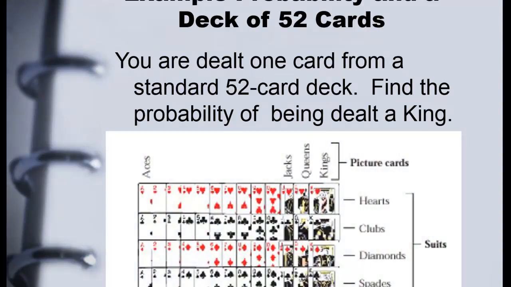Let's do another example. You are dealt one card from a standard 52 card deck. Find the probability of being dealt a king. So here's an example of a 52 card deck. And how many kings will we have here? We have a king of hearts, a king of clubs, a king of diamonds, a king of spades. So that's 4.